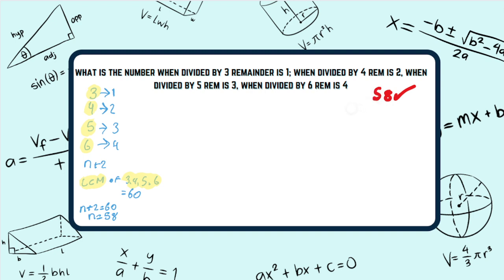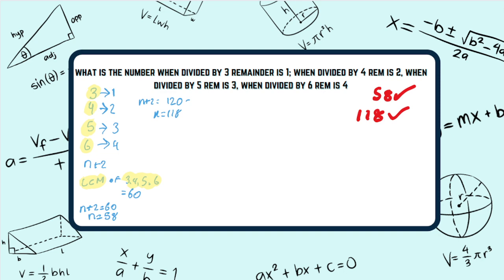But if we consider other multiples, such as 120, and we subtract 2, and we say n plus 2 equals 120, we get n equals 118. And 118 displays these same properties. So 118 is another solution.